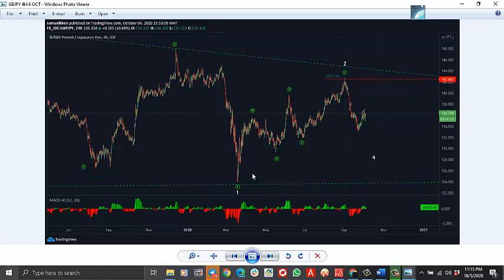And you cannot say that this is a truncated wave 5 because it is very, very far from supposed wave 3 anyway. So if we have something near, I can say it is a truncation of wave 5. But you can see it just ended here. And that's why I didn't label the internal structure. I just labeled it 1, 2.